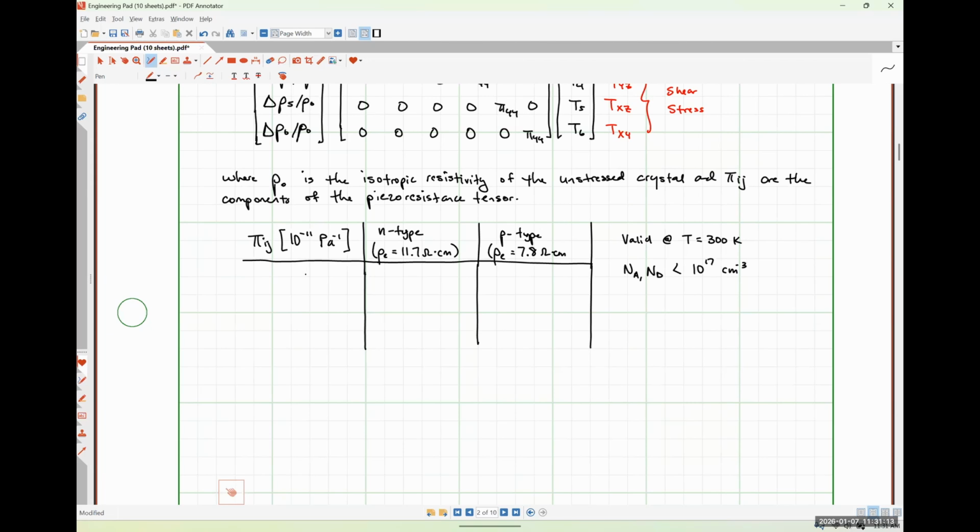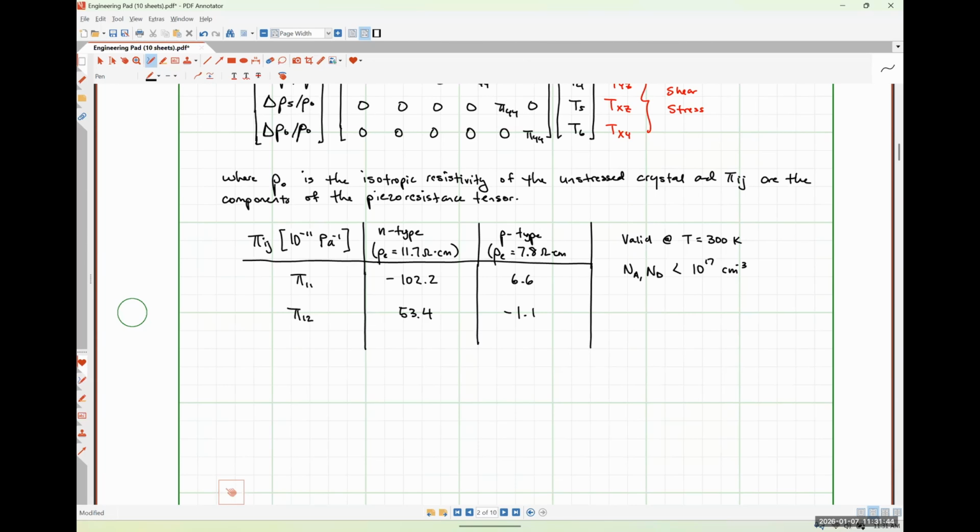So our value for the pi11 coefficient is going to be negative 102.2 for n-type and positive 6.6 for p-type. For the pi12 coefficient, we'll have a value of 53.4 for n-type and negative 1.1 for p-type.